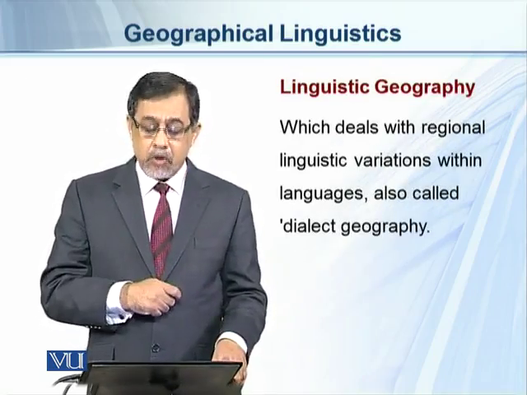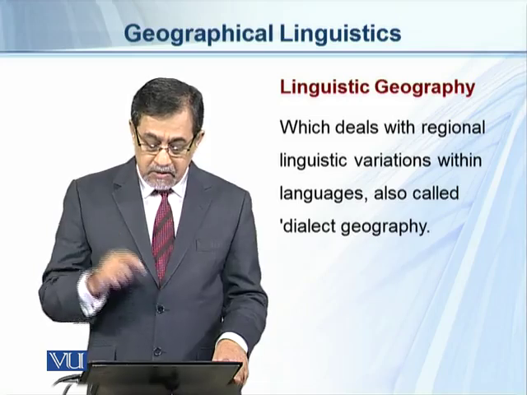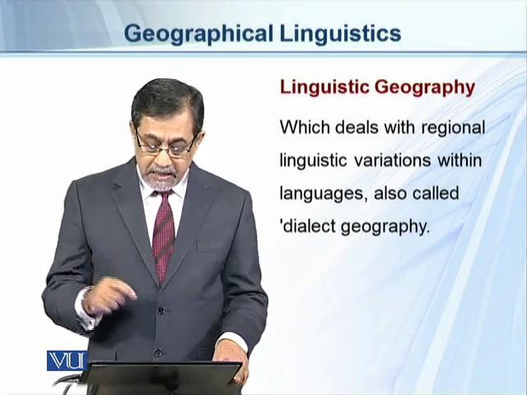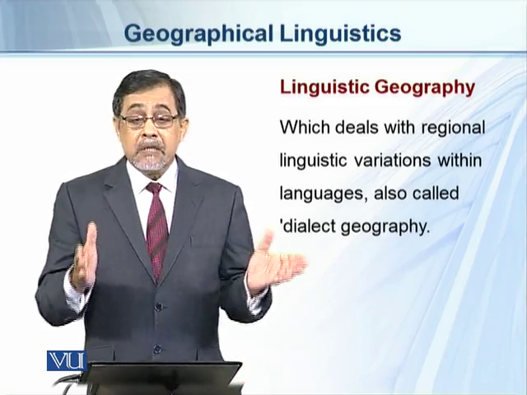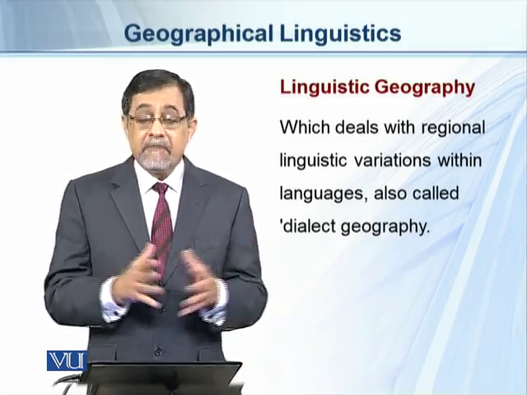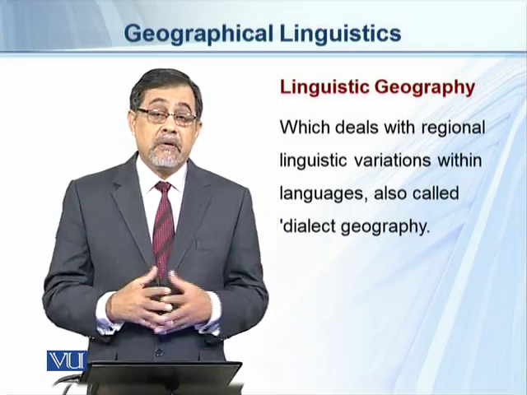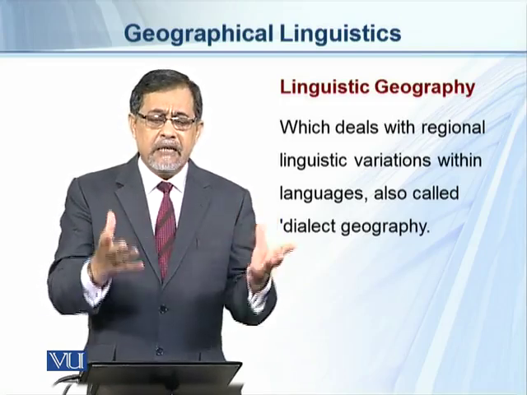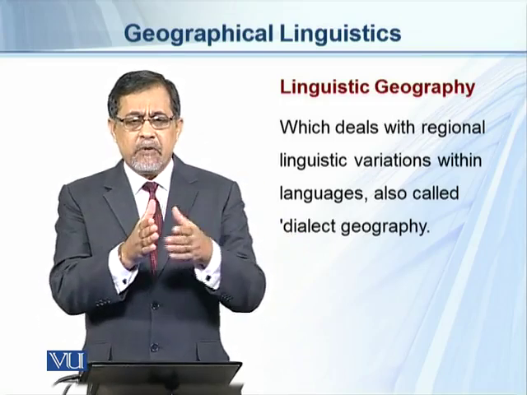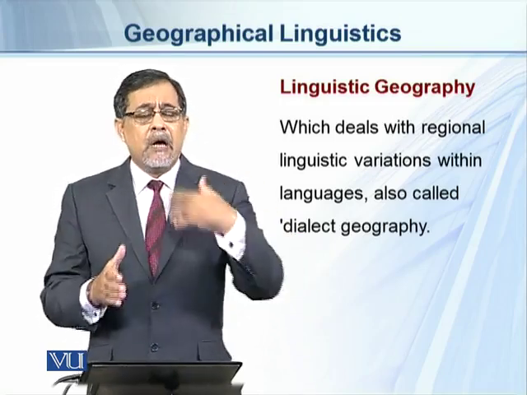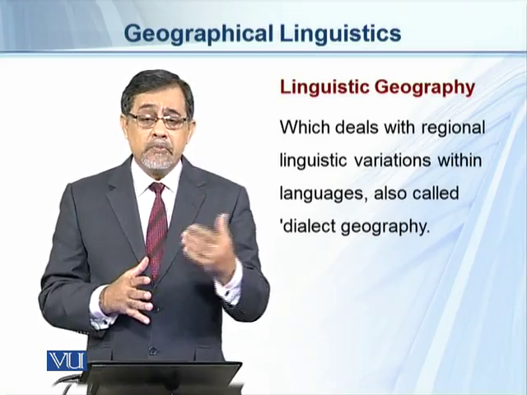Linguistic geography, which deals with the regional linguistic variation within languages, is also called dialect geography. Regional linguistic variations are discussed, in which we have varieties or dialects that describe language on the basis of the region, and obviously on the class groups as well.